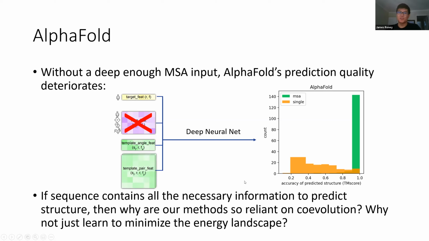And so this raises an interesting question: if the sequence of a protein contains all the necessary information to predict the structure, then why are our methods still so reliant on coevolution? Why can't we just learn to minimize the energy landscape over conformational space and arrive at the native structure?